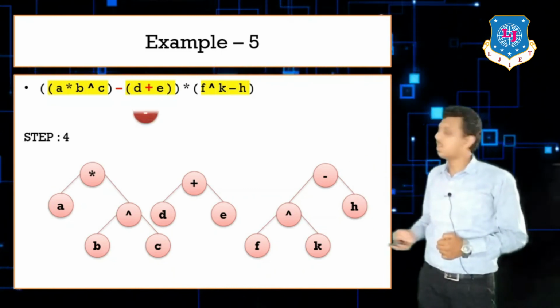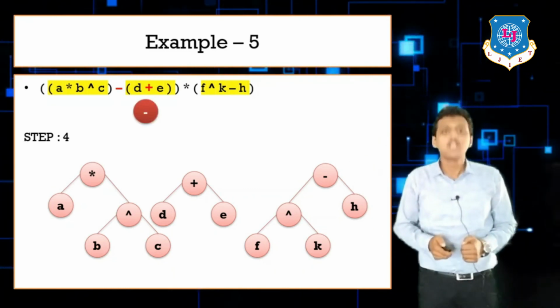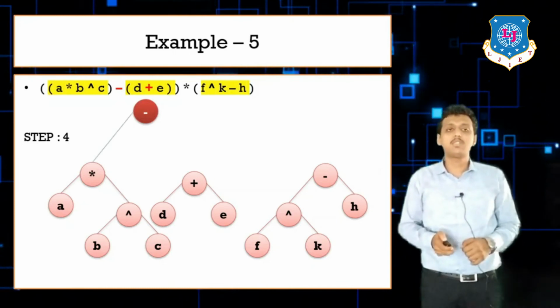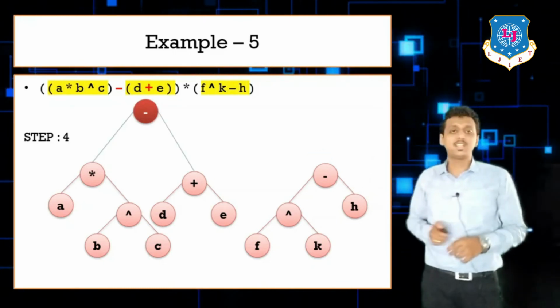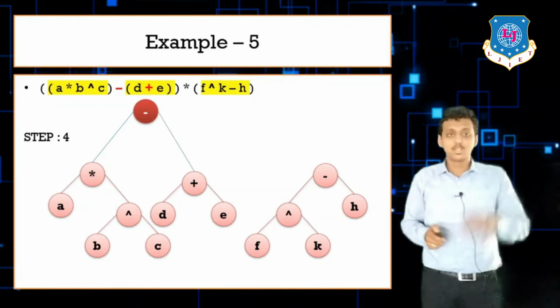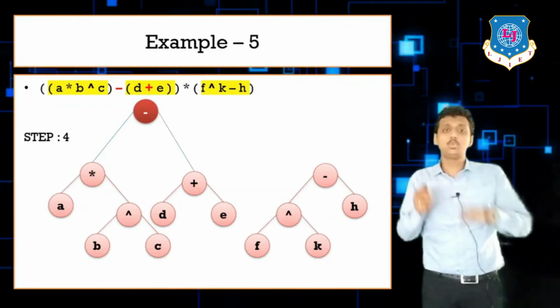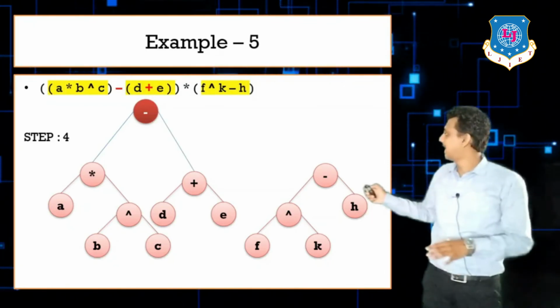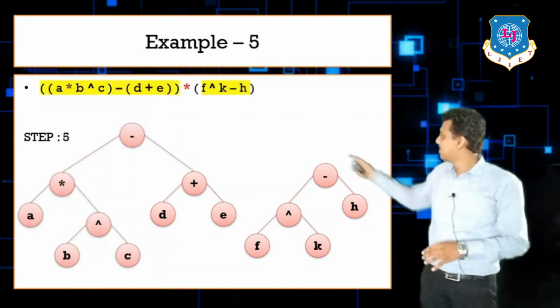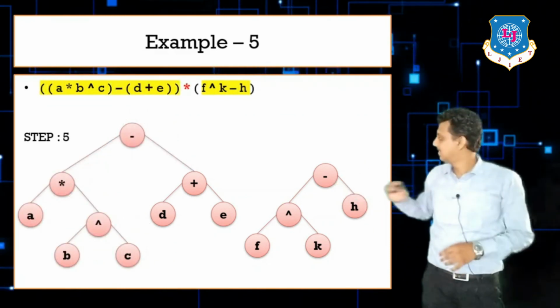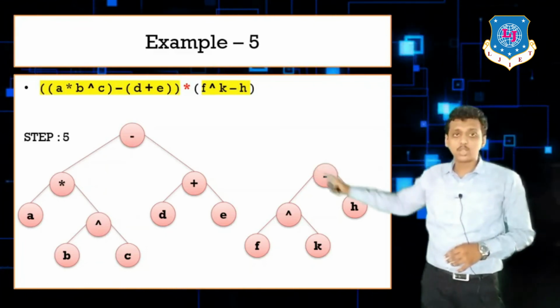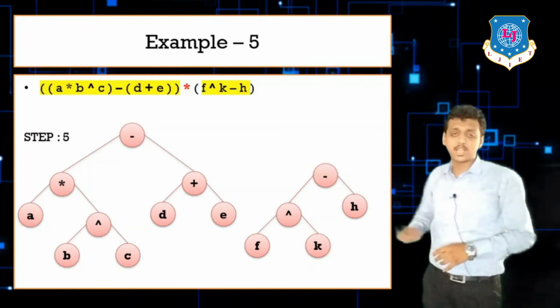So I'm putting down the minus over there as a root node. On the left side of the minus, I'm going to connect with star and the right link connected with plus. So this becomes my new tree. Let me settle it very correctly. Here it is. This is minus. This is the first bracket, and this is the last bracket terminology.